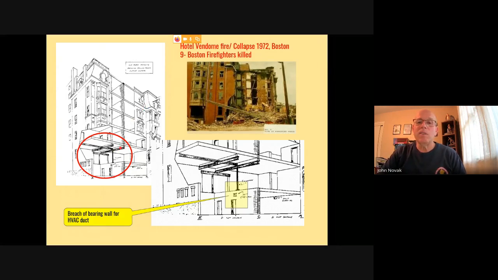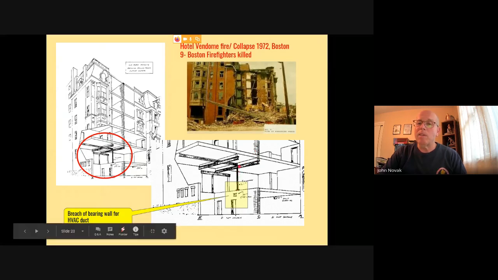So real quick, we can see here that before the renovation, there was a girder that was carrying this one bearing wall with this column. And this column came down to another bearing wall, which then transferred the load down to the foundation.